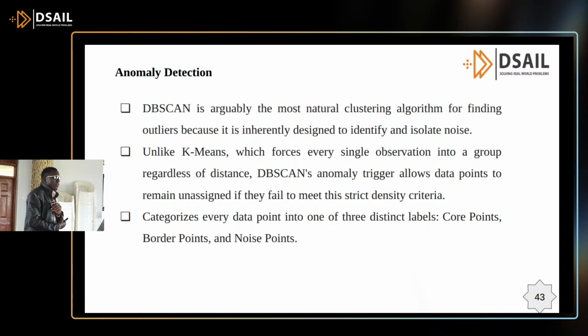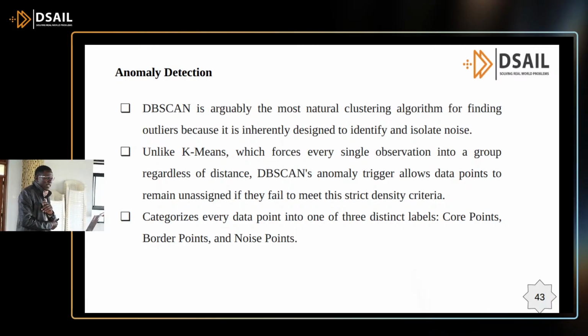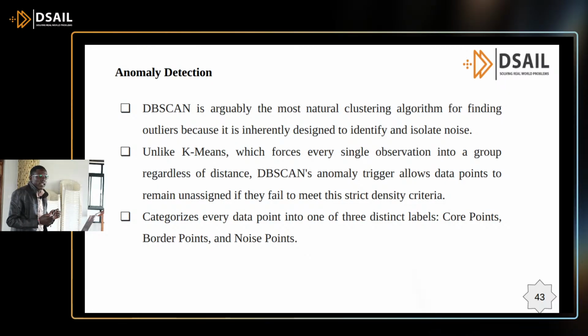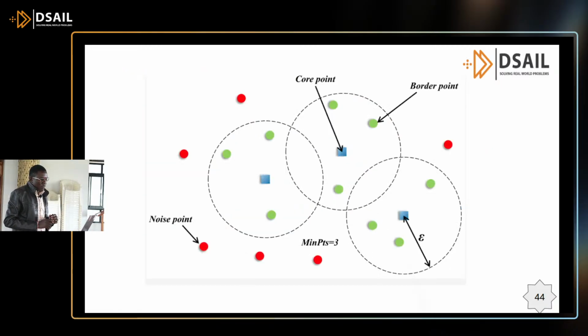So even if a point is an outlier, at least it will be part of a cluster. But when it comes to DBSCAN, all those that don't fall in any of the clusters may be assigned to be noise, or an anomaly. Yeah, so that's how we do that.